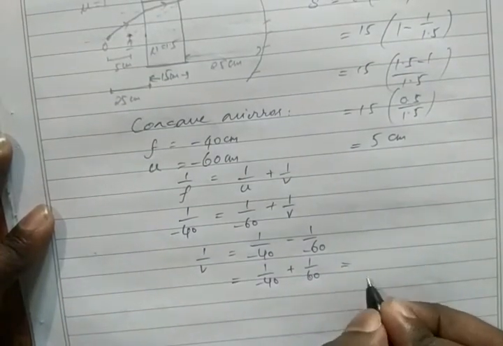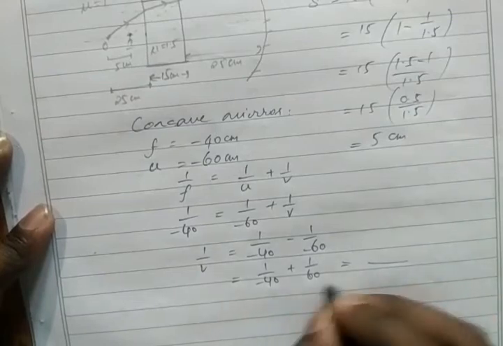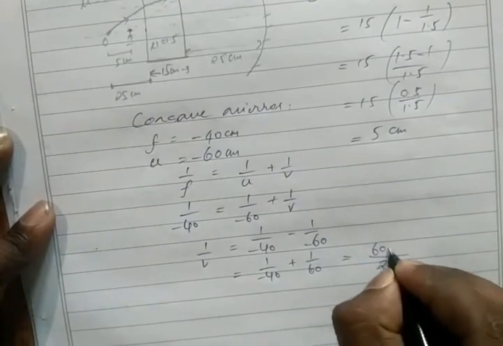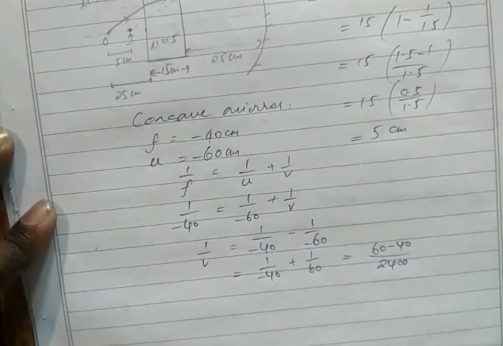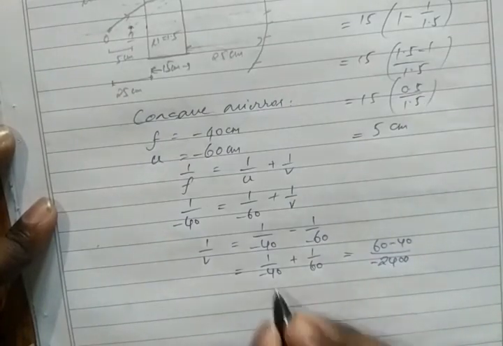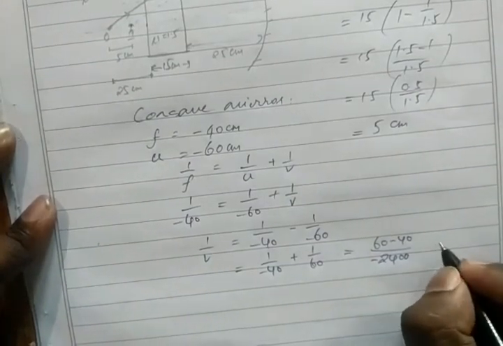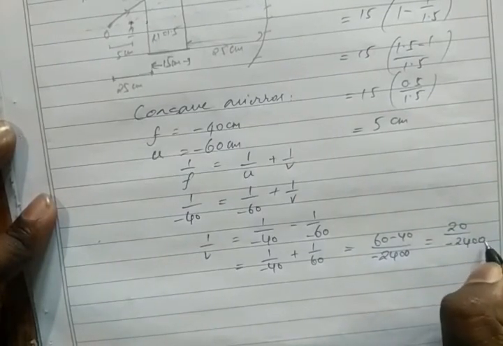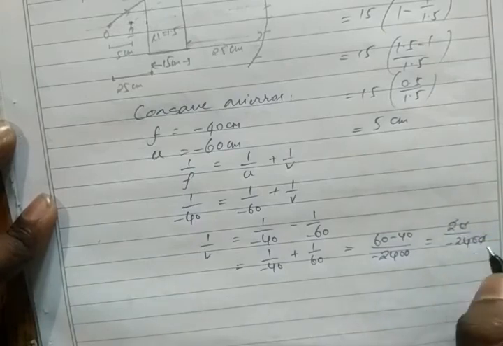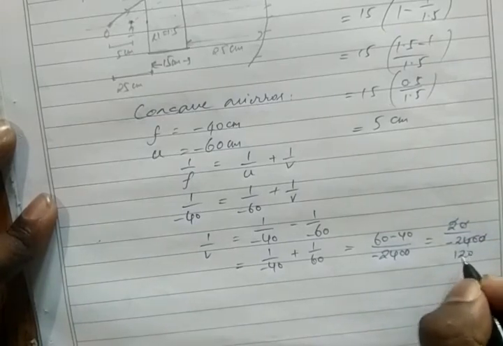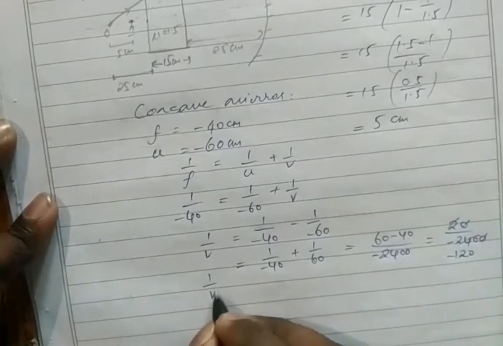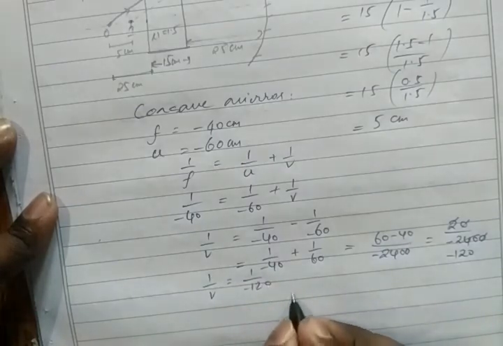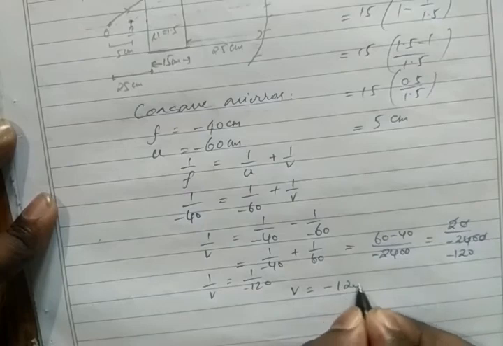If we solve it, here we have 6 into 4, 24, 2400. Then 60 minus 40. Correct? We have minus 2400 because here we have minus 40. So 60 minus 40 will be 20 divided by minus 2400. 0 gets cancelled. 240 will be minus 120. So 1 by v is 1 by minus 120. Then v will be minus 120 centimeter.